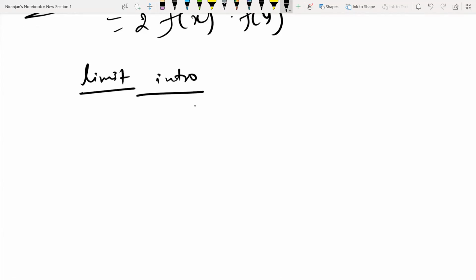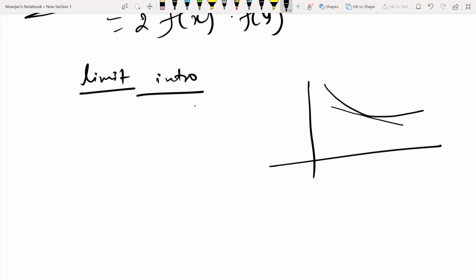So the idea of limit comes from tangents. Like if you have a function, and you draw a tangent at a point, then you want to know whether this tangent is going to exist or not.